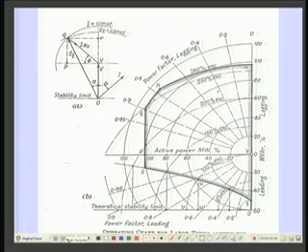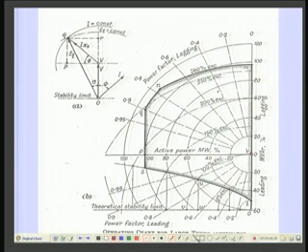The typical operating chart of a generator is shown here, where on this axis we have shown the reactive power supplied by the generator.